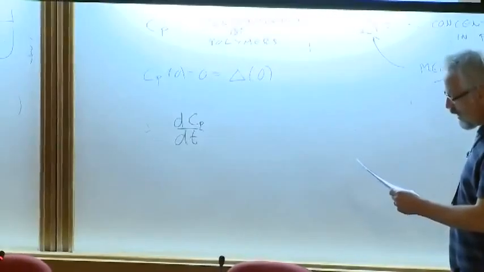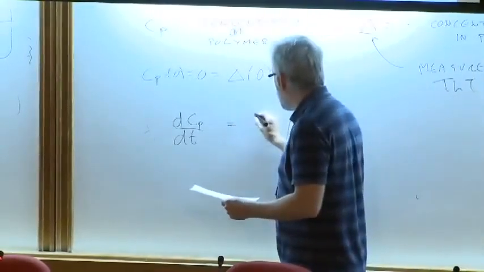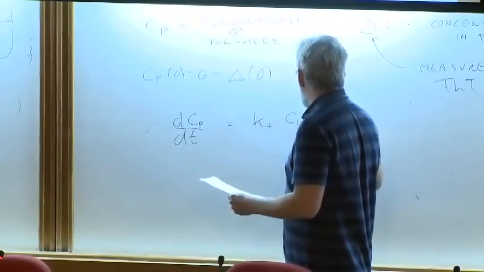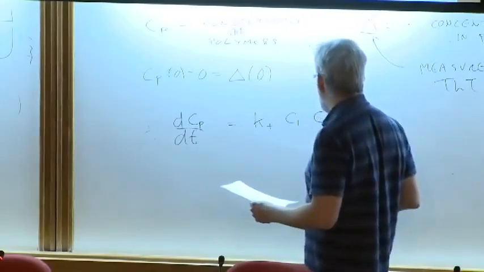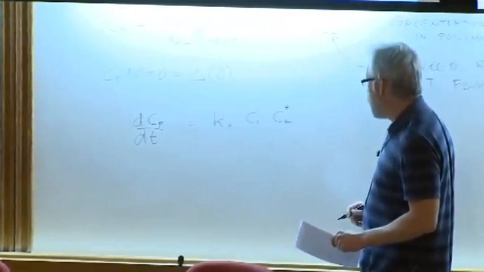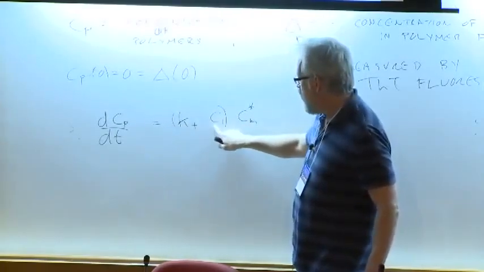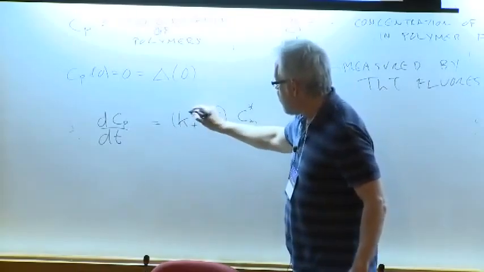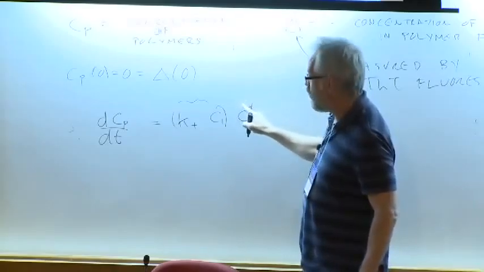Okay, so dCp/dt is equal to K plus times C1 times C nucleus, where C1 is the concentration of the monomers. So this is the rate constant for adding monomers to nuclei, and the concentration of the nuclei is given by this.